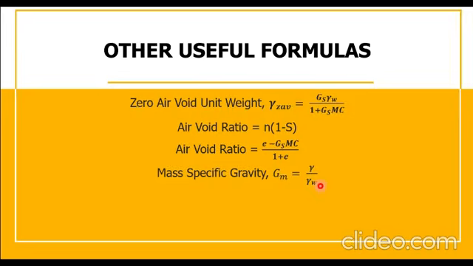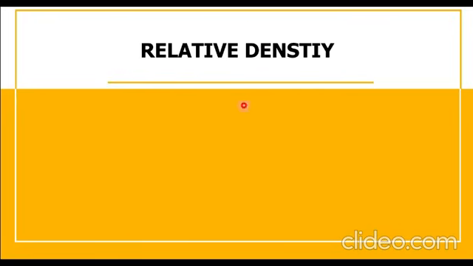And then the last formula for the physical properties of soil is what we call the relative density. So from the derivations from our lecture, the relative density is equal to E max. What is E max? It's the void ratio of the soil at its loosest state.